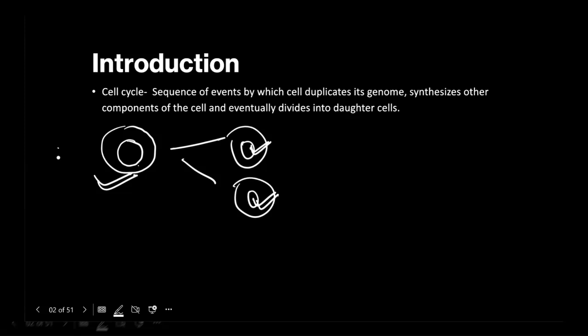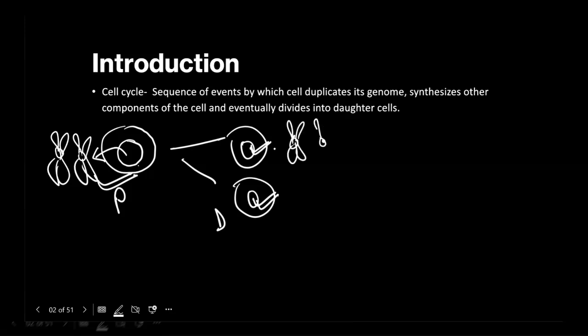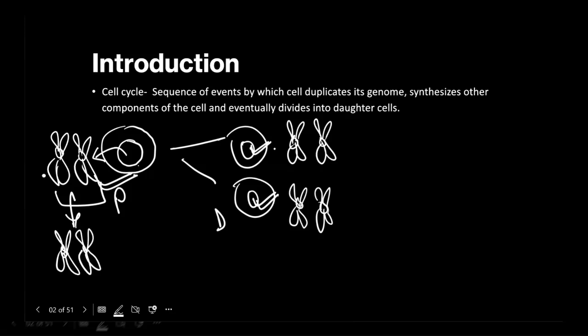Suppose there are two chromosomes in a cell inside the nucleus, right? Now the cells formed after the division of this parent cell are daughter cells, and this also needs to have two chromosomes and this also needs to have two chromosomes. So for that, it first needs to duplicate its genome. Like, suppose this chromosome duplicates here and this chromosome duplicates here.